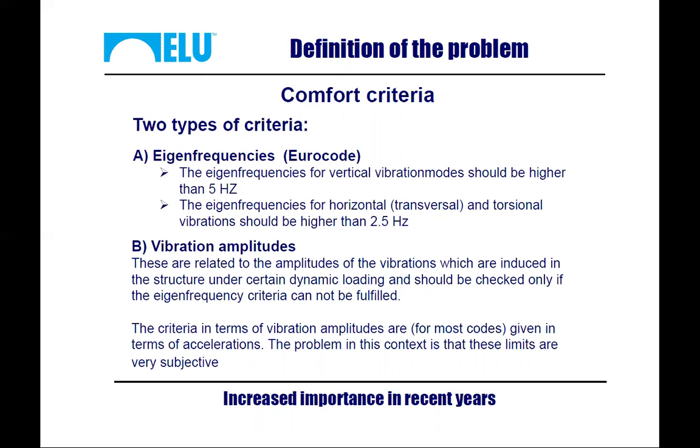And with respect to this criterion, Eurocode has two threshold values. One is for vertical vibration modes. If these are higher than 5 Hertz, then we do not need to perform a control of the motion of the bridge.